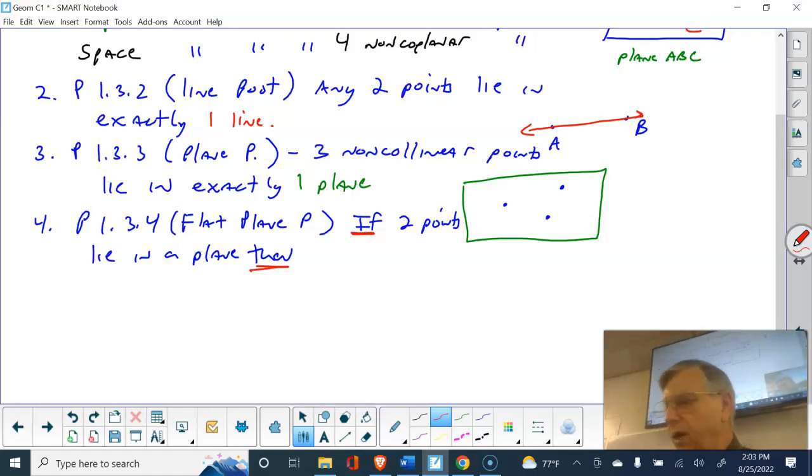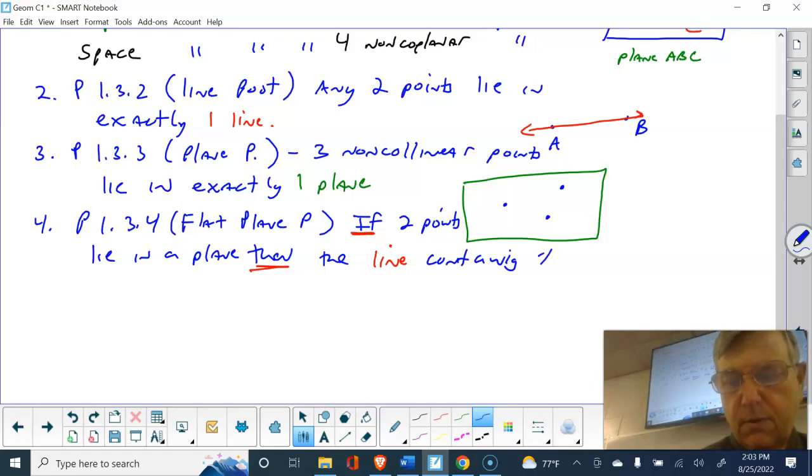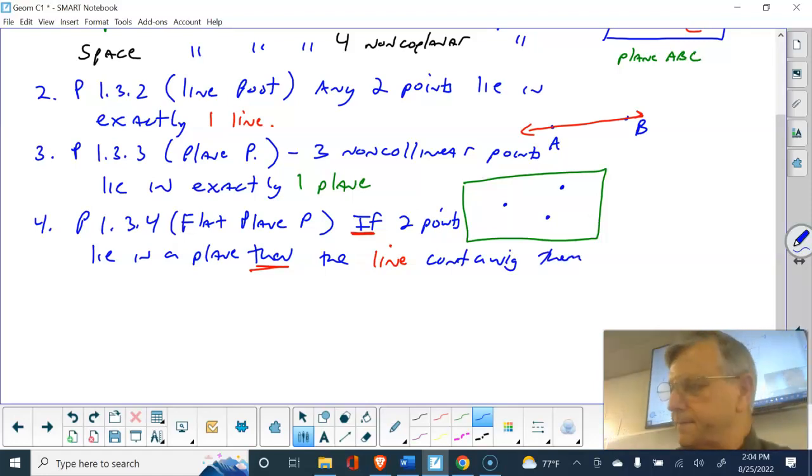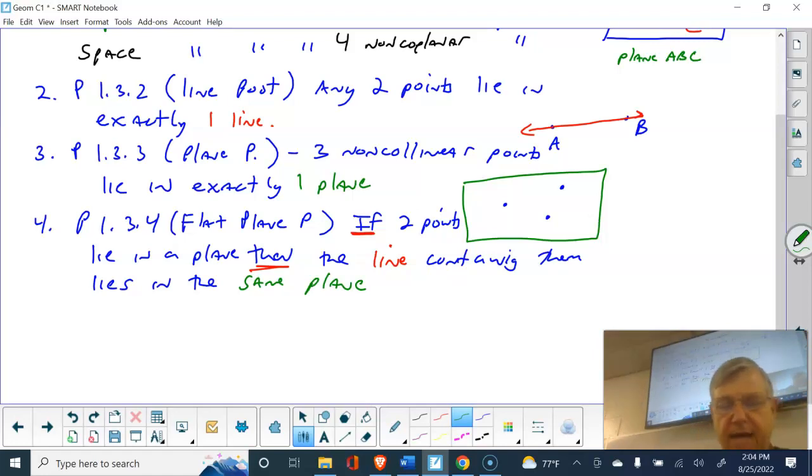If two points lie in a plane, then the line containing them lies in the same plane.